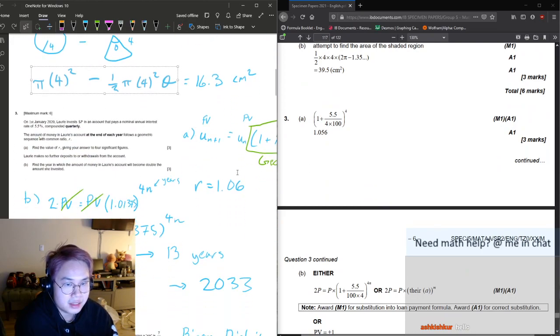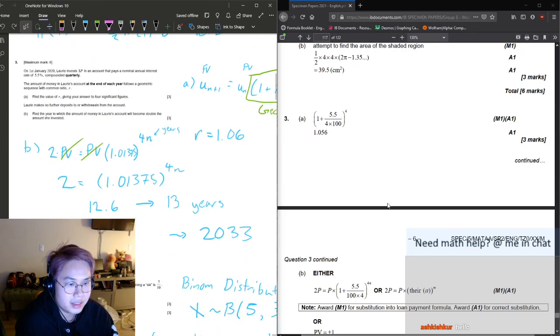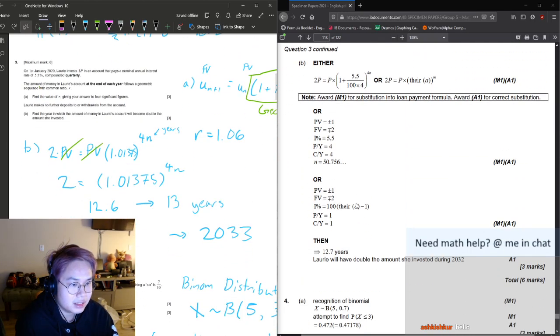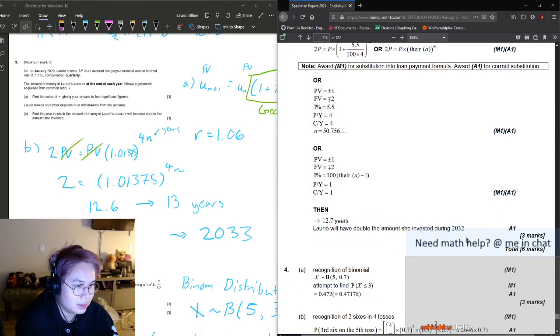Okay, find the R, 1.056. Why is this in 4 sig figs? Whatever, this is equivalent. And then solve for P, blah blah blah, 2032, 2033. Oh, okay.